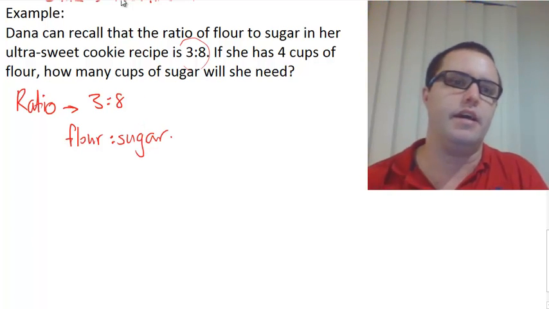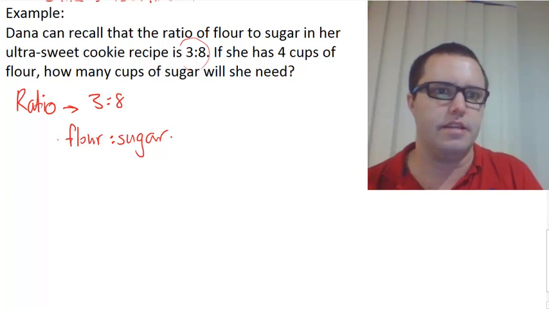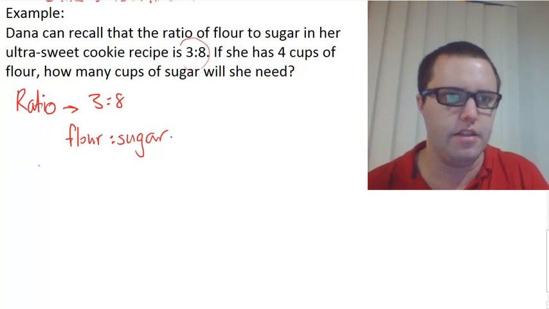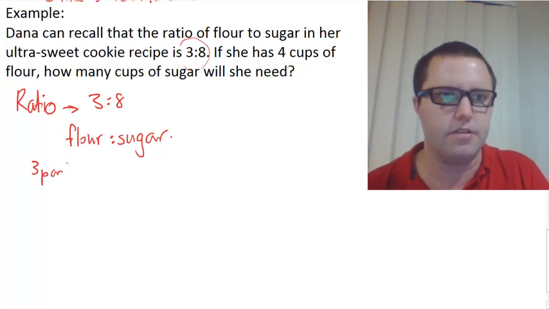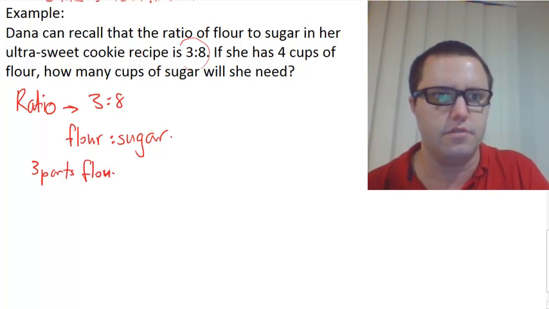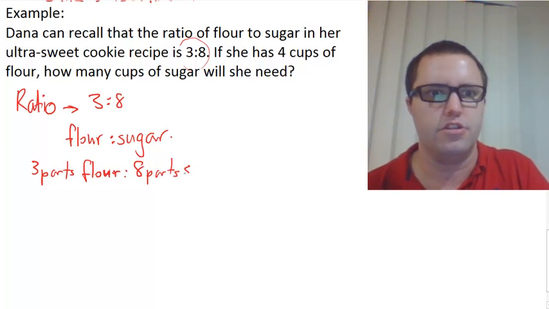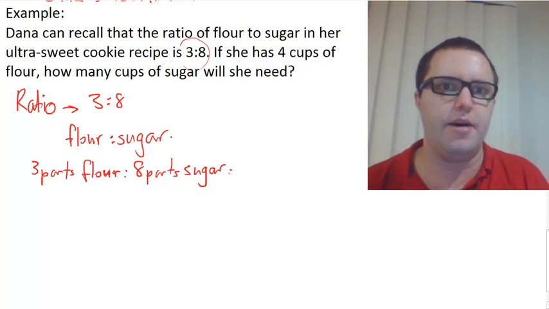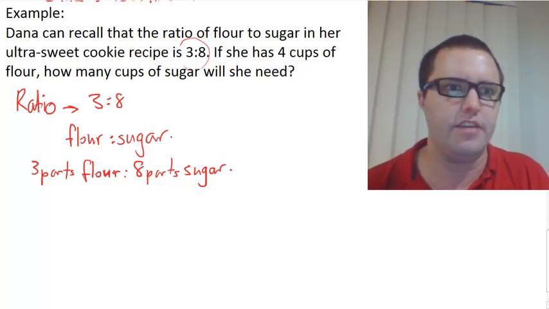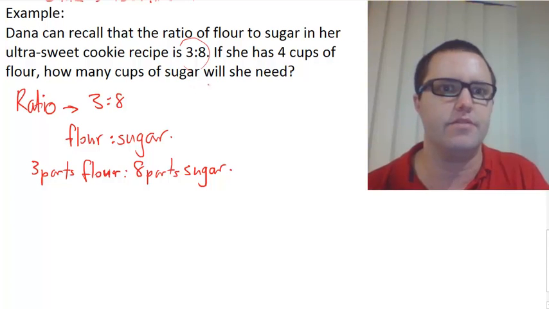What that means is that there are 3 parts flour to 8 parts sugar. I did say this was a super sweet cake. Now, if she has 4 cups of flour, how many cups of sugar will she need?